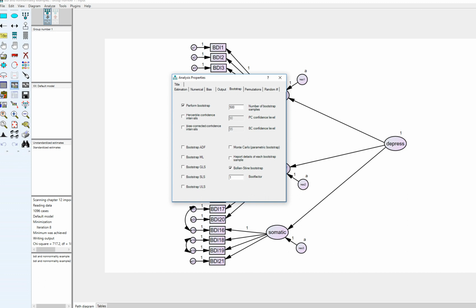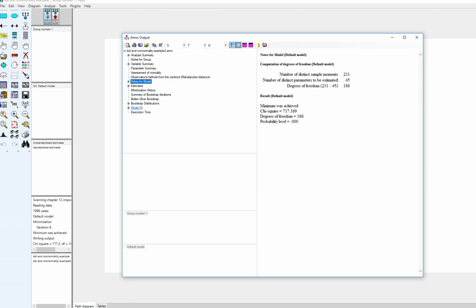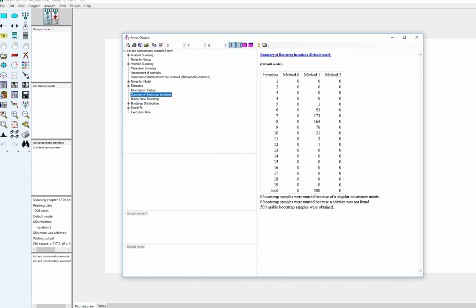So I'm going to leave the Bootstrap clicked right here, and when I calculate the estimates and go into this box right here, you'll see it says Bollen-Stine Bootstrap. If I click on this, you'll see the number of iterations and the sampling approaches, basically the 500 samples that were generated. It says 500 usable Bootstrap samples were obtained.